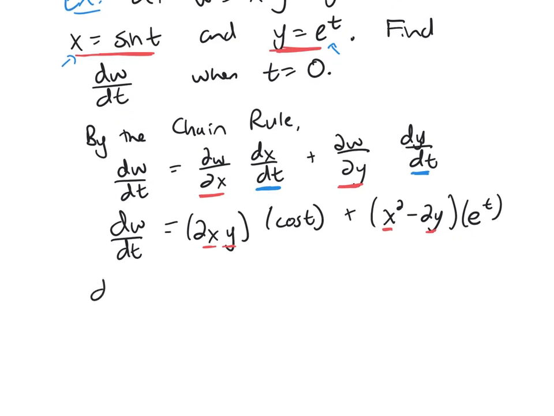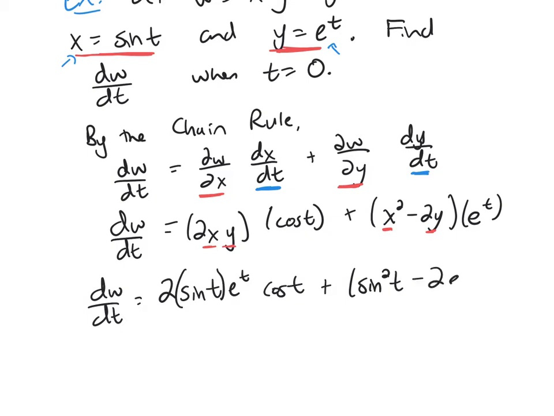So dw dt will be 2 times sine t times e to the t times cosine t, and then x squared, so it'll be sine squared t minus 2 e to the t times e to the t.